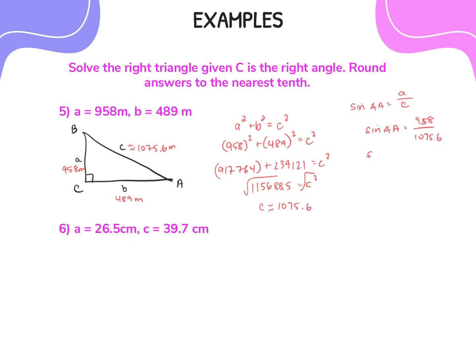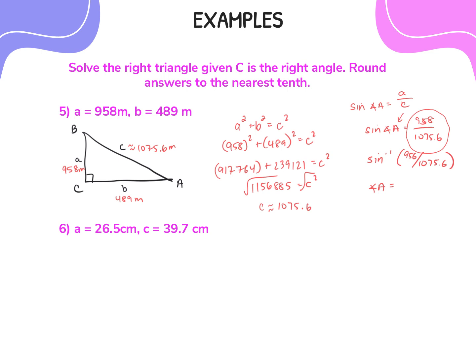But the problem is that what this is telling me is what the sine is. It's not telling me what the angle measure is. But if I do what's called an inverse function, inverse sine, sine to the -1, or second sine on my calculator, of this fraction, 958 divided by 1075.6, it's going to tell me what the actual angle measure is.